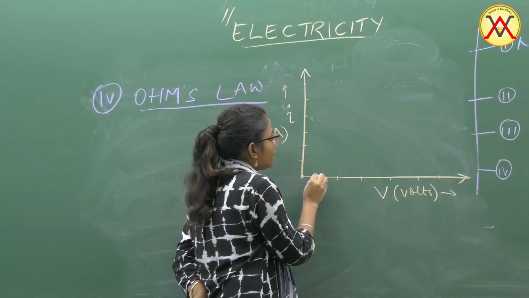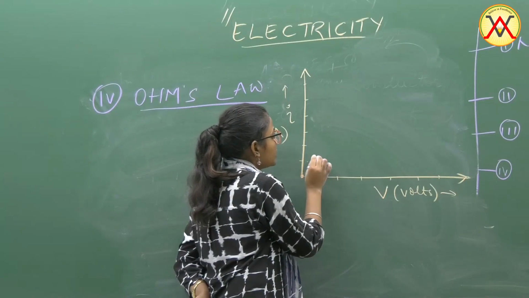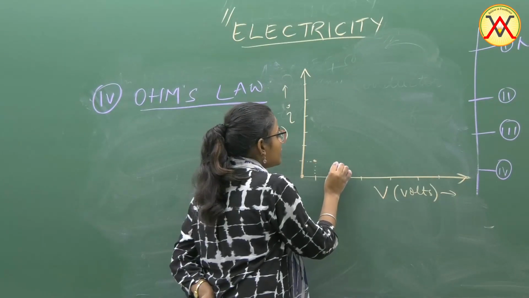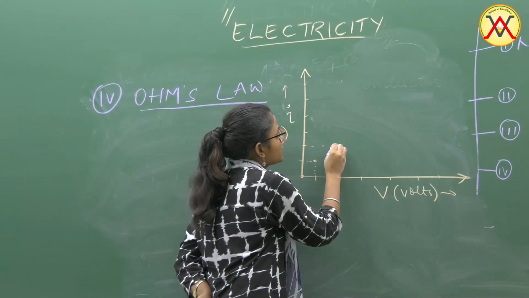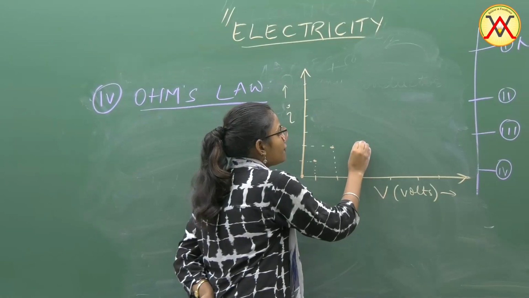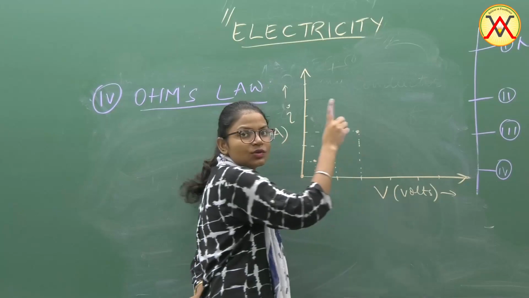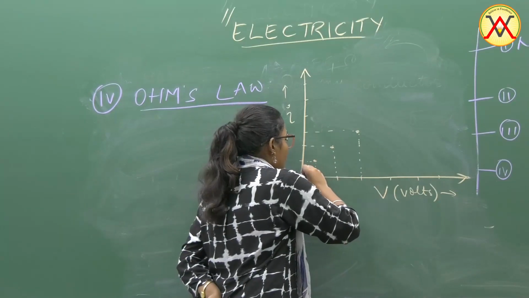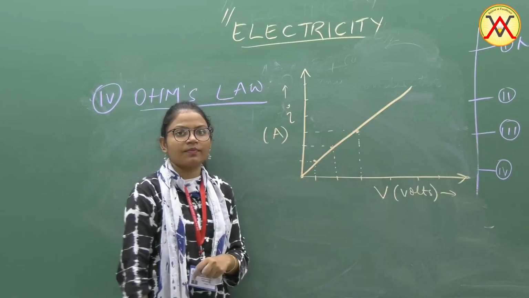When potential difference was increased to 1, current increased 1 time. When potential difference was increased 2 times, current was increased 2 times. Similarly, when potential difference was increased 3 times, current was increased 3 times, and so on. So, finally, the curve that he got was like this.